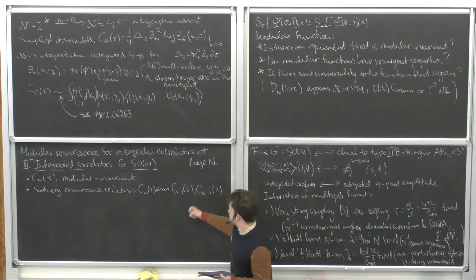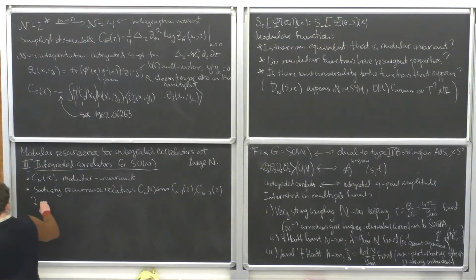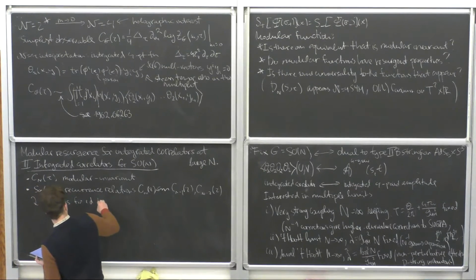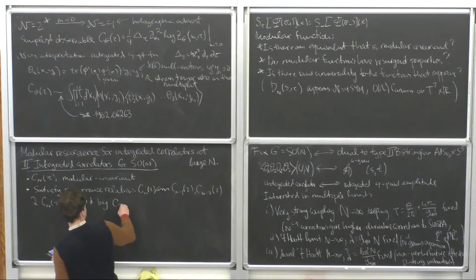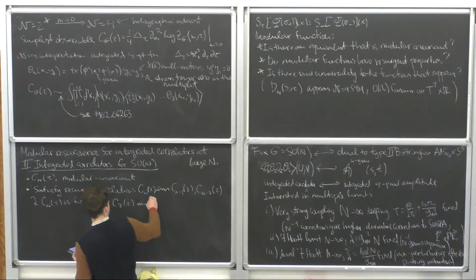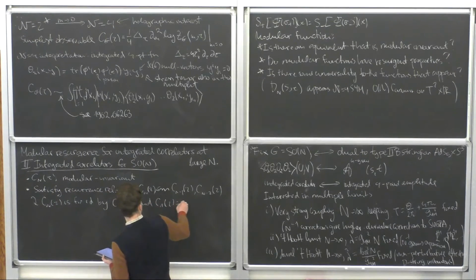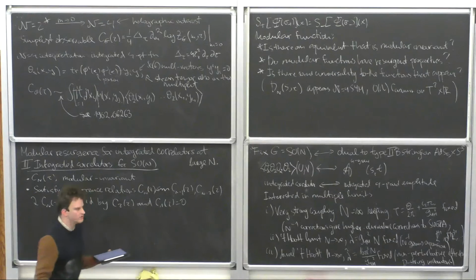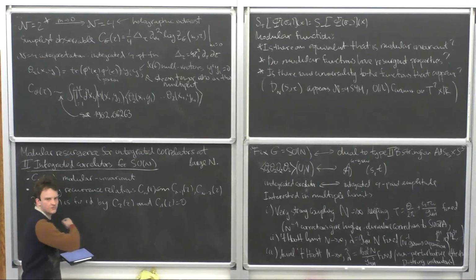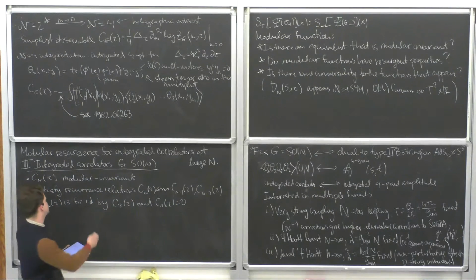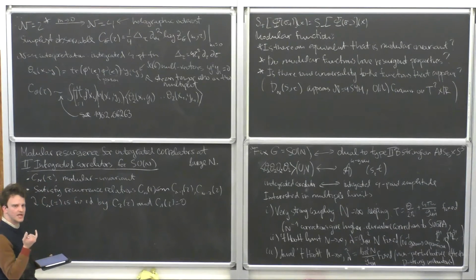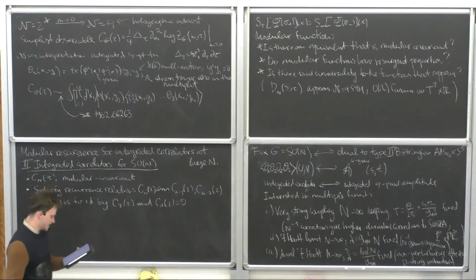So in particular, C_N of tau is fixed by just the initial conditions C_2 of tau and C_1 of tau, which happens to be identically 0. So from a field theory perspective, this is incredibly weird, right? Because these are observables in different quantum field theories, but somehow you have a recurrence relation which relates an exact observable in SU(2) to an exact observable in SU(3), for example.